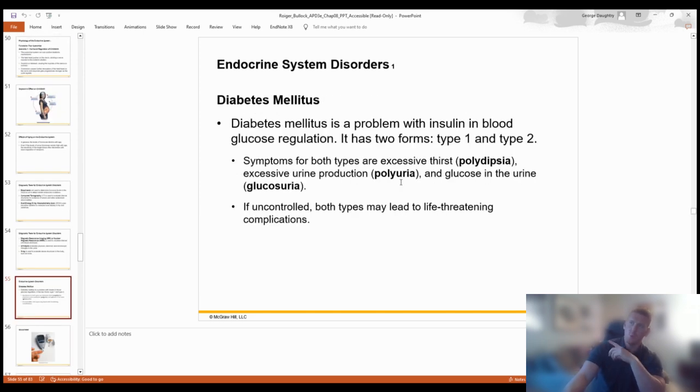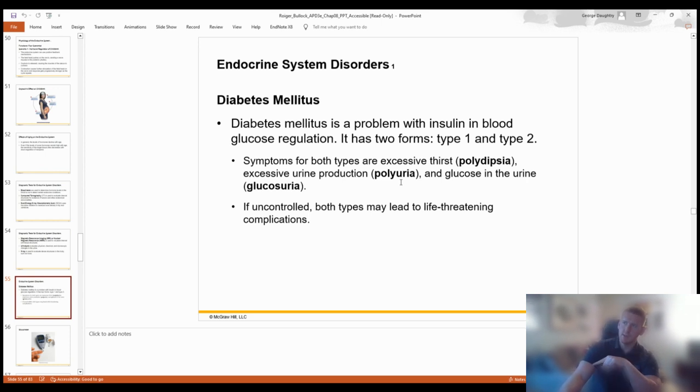Okay. All right. One of the key endocrine system disorders that I want you to be familiar with is diabetes. Diabetes can be type 1 or type 2. Type 1 is genetic, meaning that you do not produce insulin at all. Type 2 is typically a lifestyle factor, meaning that you have developed insulin insensitivity over time. And in both cases, blood sugar is not being managed correctly. Okay.